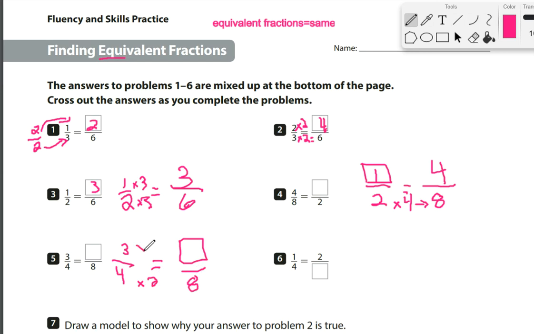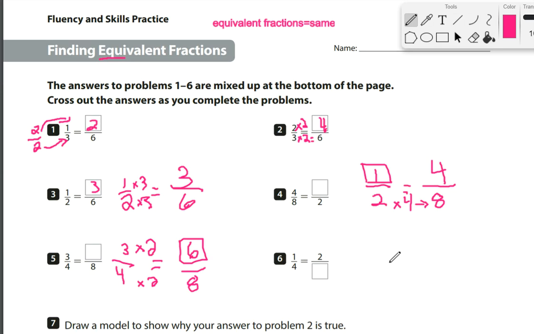And if we multiply the bottom by 2, we must multiply the top by 2 because there's twice as many pieces. 8 is twice as big as 4. 3 times 2 is 6. 6/8 and 3/4 are equivalent fractions on the number line.